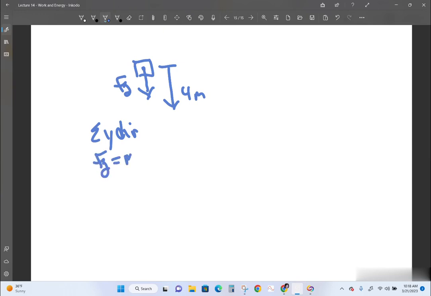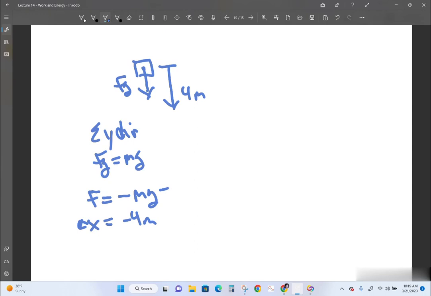Fg equals mg. Now notice that Fg is a negative number, right? And her displacement is a negative number. So the force that's causing her to fall is negative mg, and the displacement that she's falling is negative 4 meters, right? She's falling 4 meters.